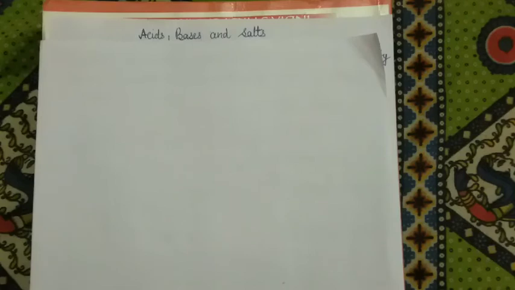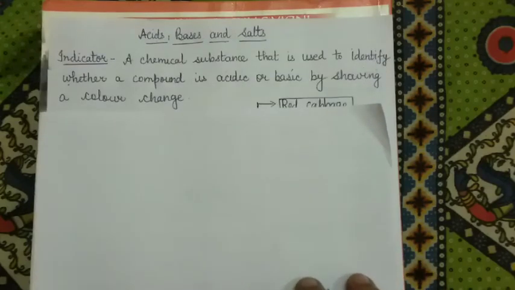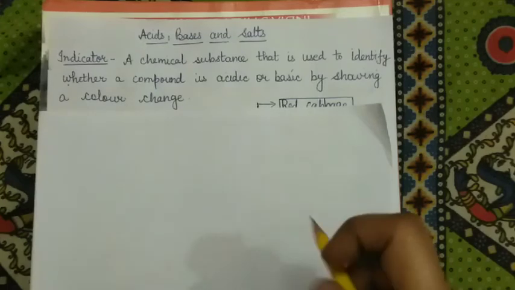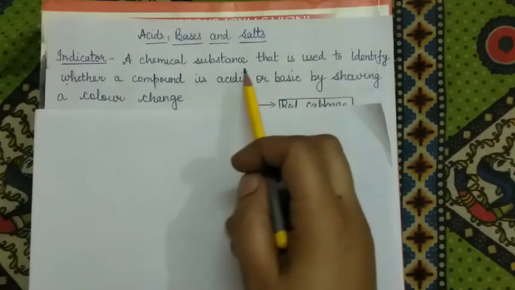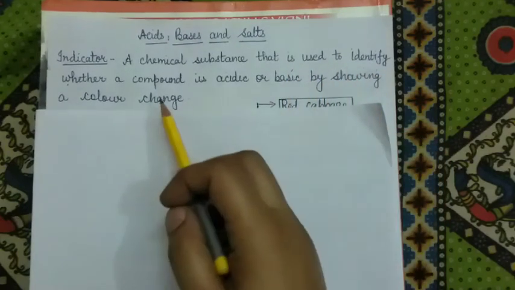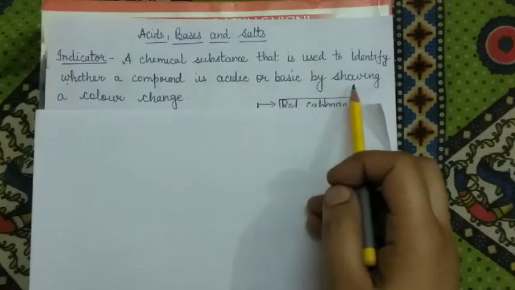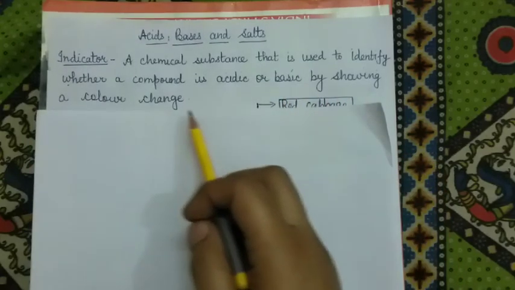Now the next topic: how to determine whether the given compound is acid, base or salt. For this we have an indicator. So what is an indicator? An indicator is a chemical substance that is used to identify whether a compound is acidic or basic by showing a color change.